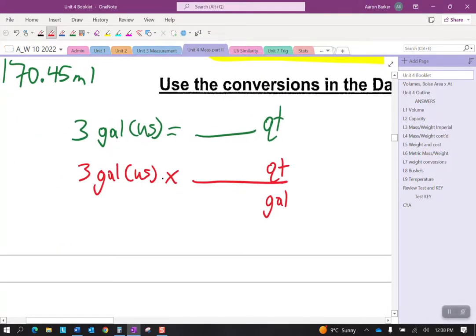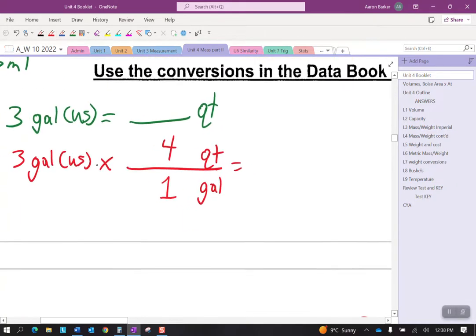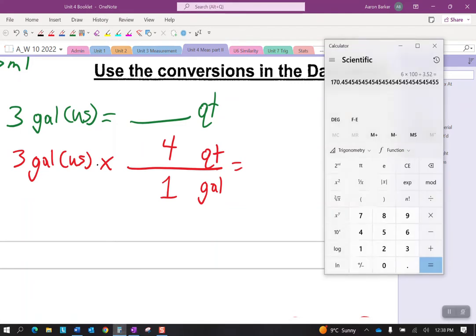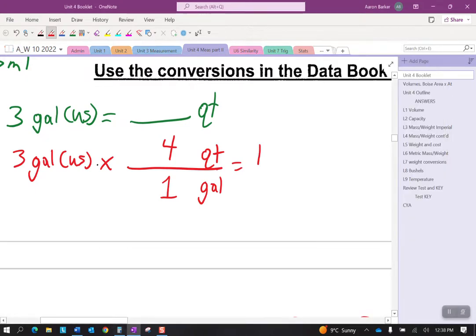The 1 gallon or the 4 quarts? 4, because the 4 represents quarts and the 1 represents US gallons. On your calculator then, you will simply take the 3 times the 4, divided by the 1 equals 12. So 12 quarts. Okay. There you go.